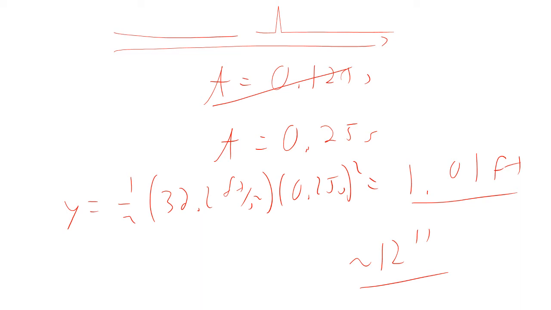But if you double the distance, it does not fall 6 inches, it falls 12 inches, 1 foot below where you're aiming. And that is because it's not moving linearly, it's parabolic. So it's getting steeper and steeper as we're going.